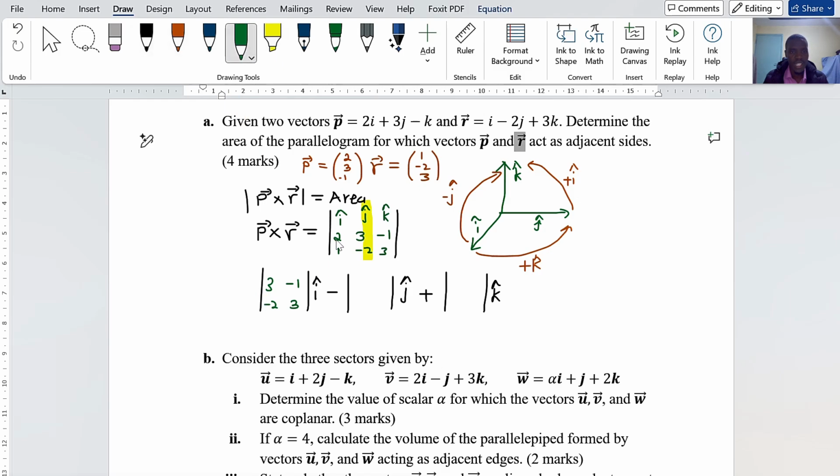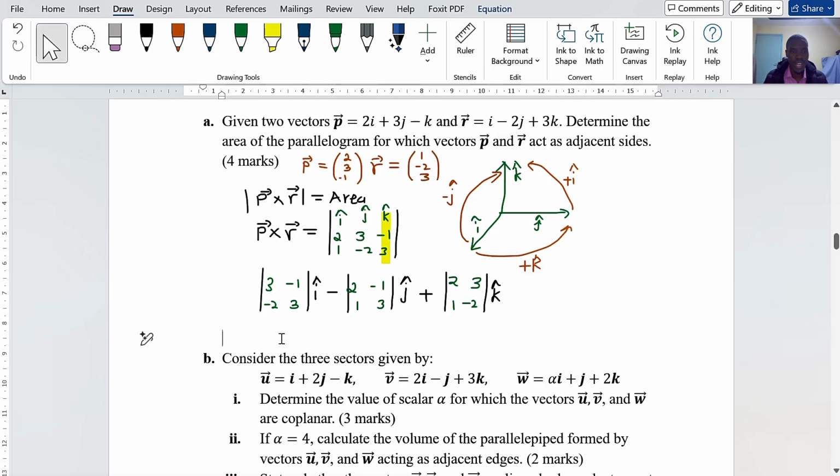When you do that, the matrix remaining is 2, -1, and then 1, 3. Of course, that is what we have, 2, -1, and then 1, 3. Now finally, we want k. Now if we want k, the matrix we have for k is 2, 3, 1, and -2.